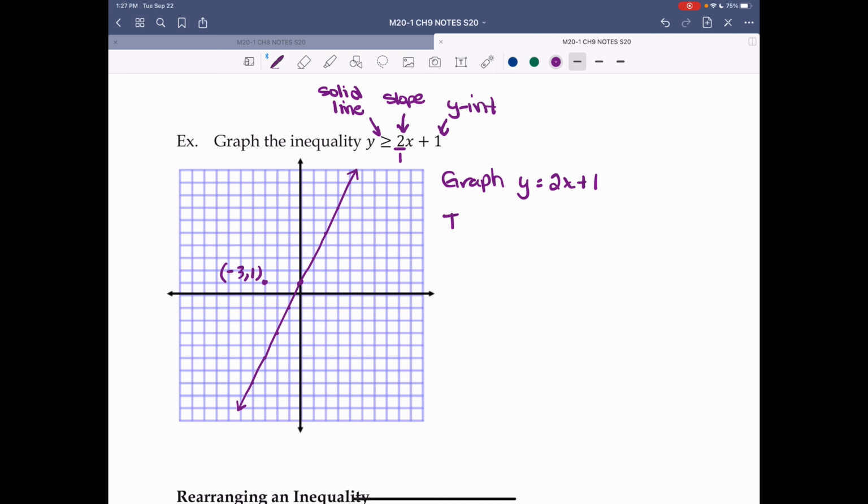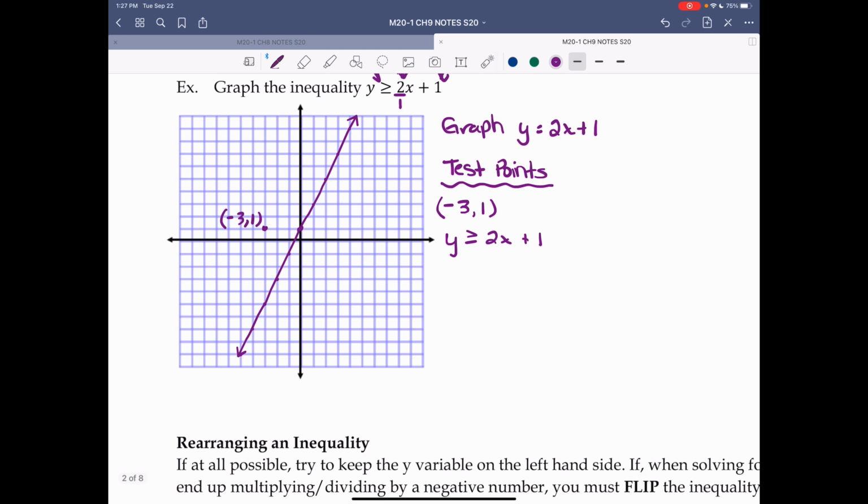I'm going to test points, starting with -3, 1. I take my inequality, y is greater than or equal to 2x plus 1, and I sub in the point. y is 1, is greater than or equal to 2 times -3 plus 1. 1 is greater than or equal to 2 times -3 is -6 plus 1. 1 is greater than or equal to -6 plus 1 is -5.